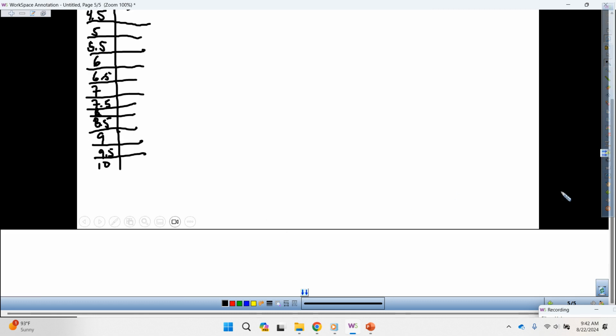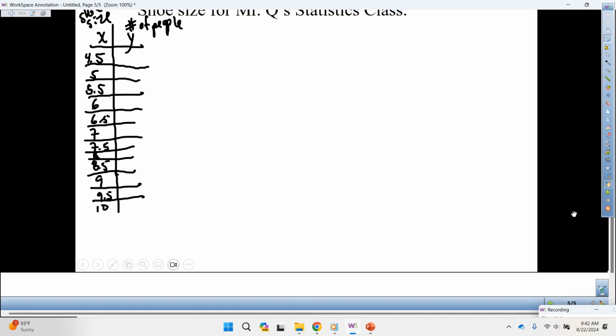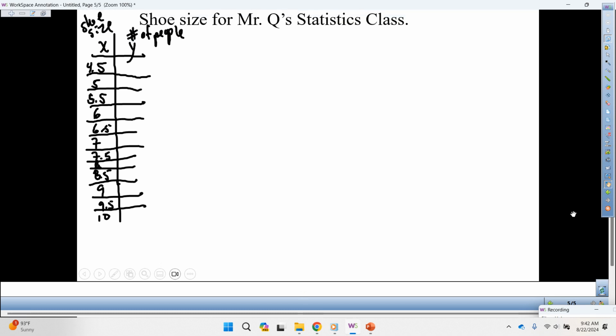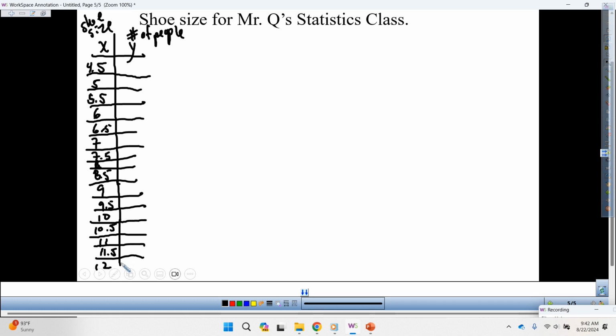I'm going to go a little bit over because, if you ask me, I'm 13, 14, depending what kind of shoe I'm wearing. You're like, oh, snap, Mr. Q. Oh, yeah. Play some kickball. Go. 10.5, 11, 11.5, 12, 12.5, and I'll stop at 13.